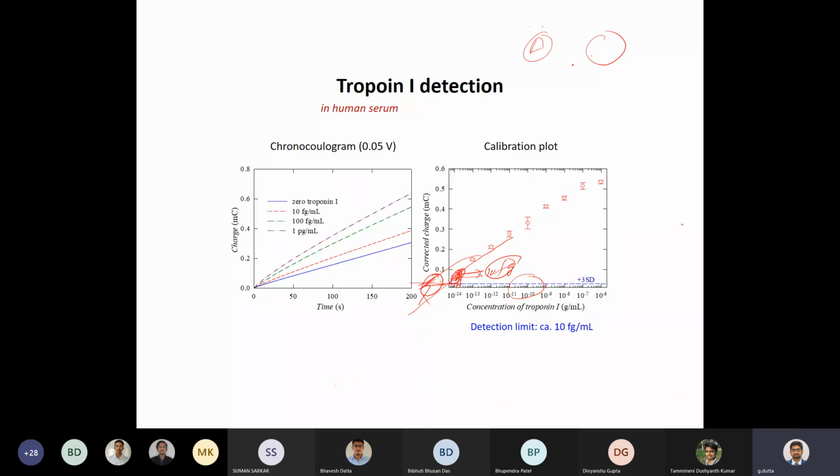So that calibration, I mean the standard deviation of the zero and the lowest concentration we can take, everything should be input inside this device. Then only can they automatically convert your current or charge to the concentration. So it is not like other people doing it.